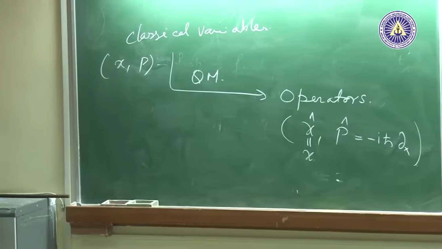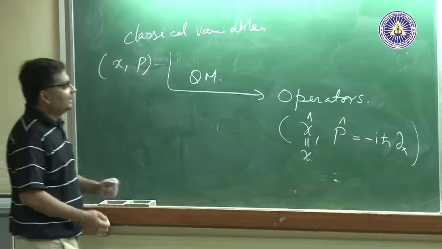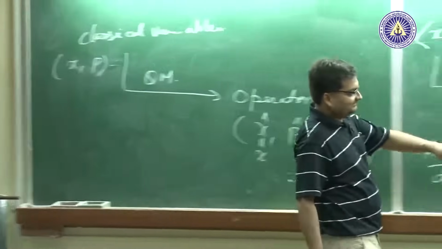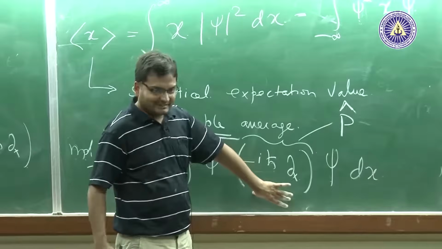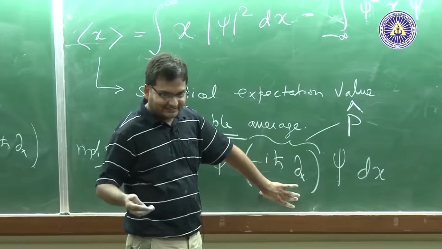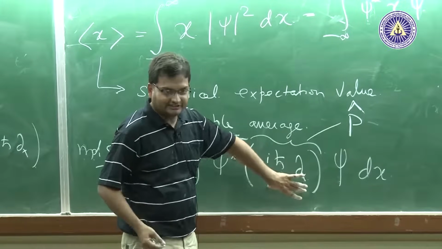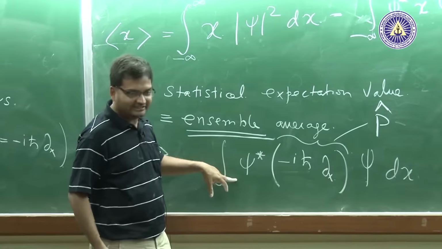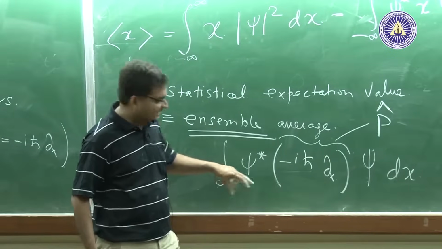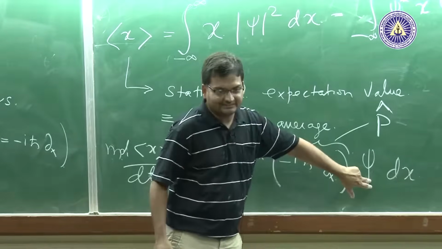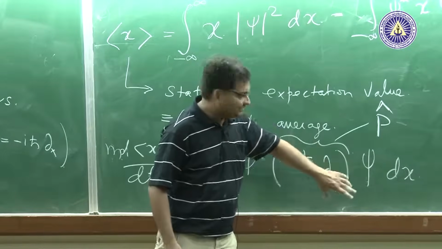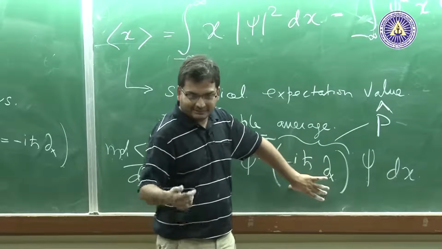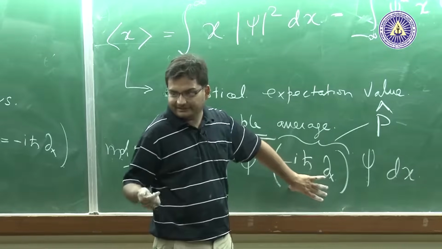Is that clear? And since this is not a variable in a classical sense, that I cannot change its orientation, I cannot put it here, where it would be acting on psi star. I have to place it here such that it acts on psi.